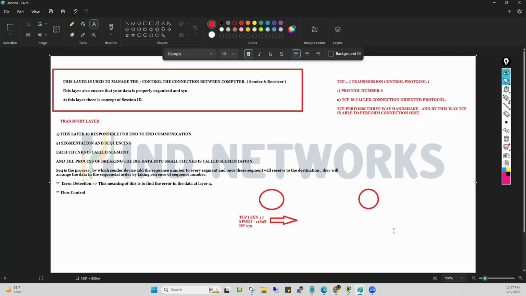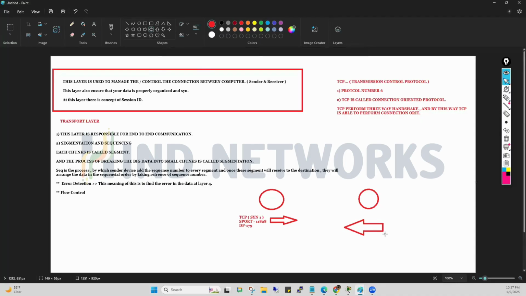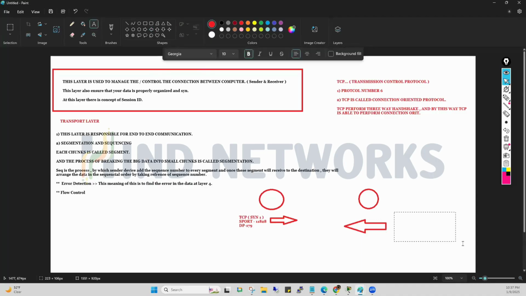Clear? Now, what will R2 do? R2 will send another TCP packet. In this packet, first, R2 will send the SYN bit on. Plus, R2 will send the acknowledgement of R1's SYN, because R1 already sent one packet and R2 needs to acknowledge it.